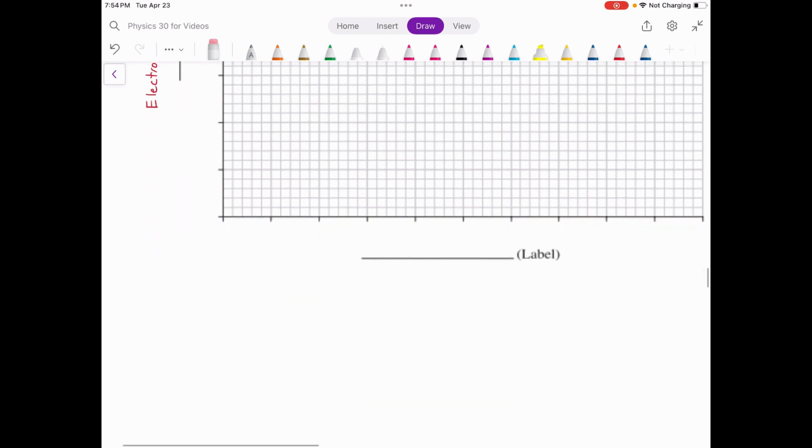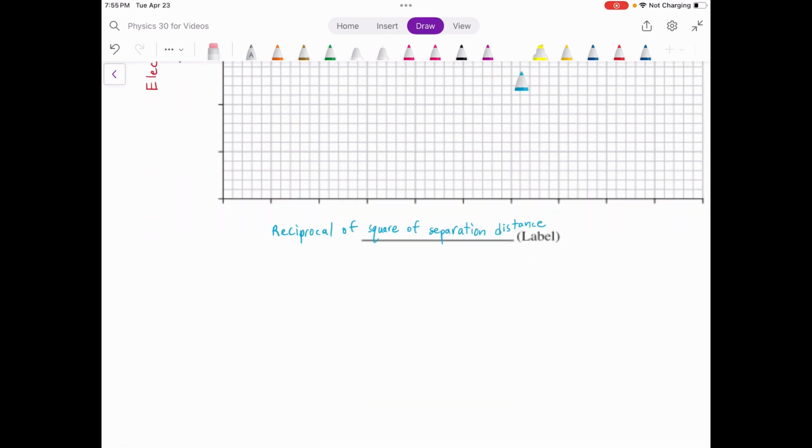Okay, now we got to label our x-axis. And to get a nice straight graph, that's what has to go on our x-axis, right? Again, not separation distance. That's not what we're about to put here. We're about to put 1 over the separation distance squared, right? Reciprocal of the square of the separation distance, okay? And units, what would those units be?